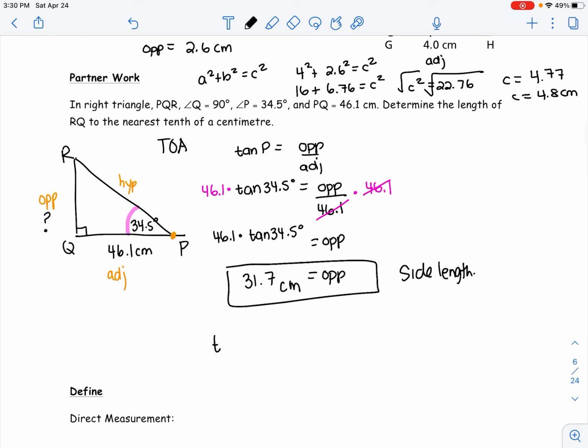So the trick is you use tan inverse when you want to find an angle. If you're trying to find an angle, that's when you use that tan inverse button from yesterday's lesson, and you just use tan by itself with your angle or ratio to find a side length.